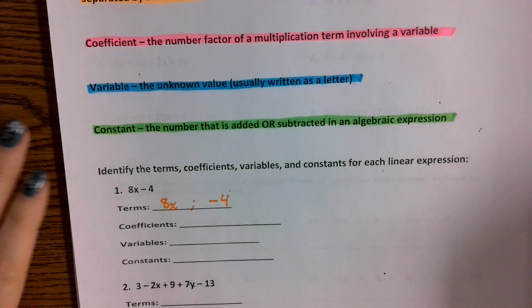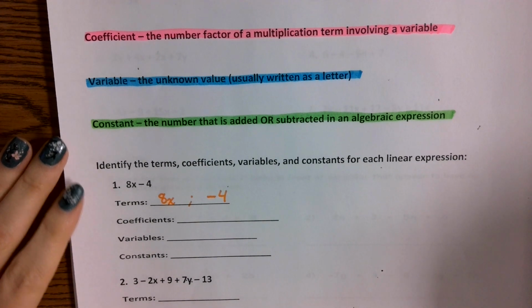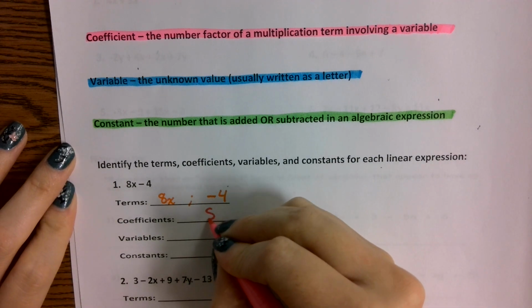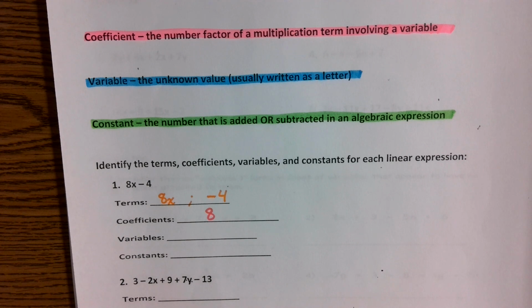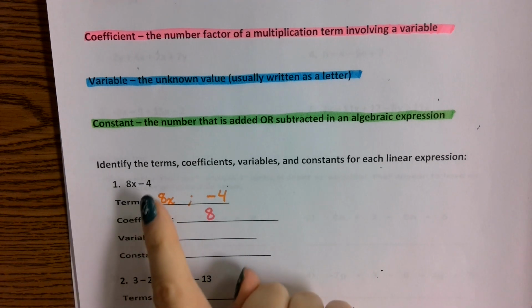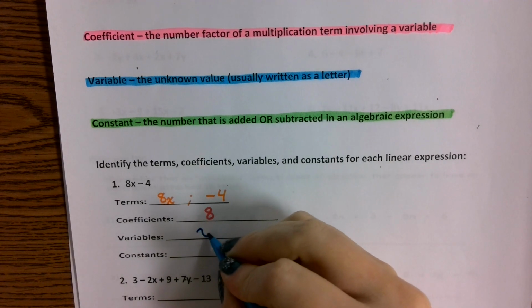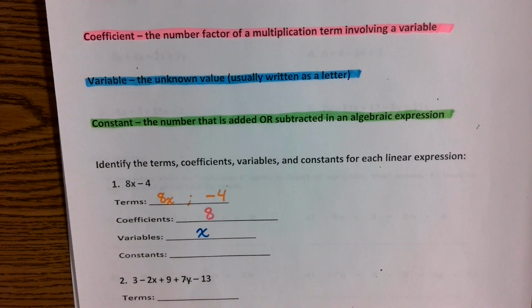Coefficients. The only coefficient I have is the 8. 8 is going to be my coefficient for this problem. It is the only number value attached to the variable. The variable that I have in this situation, I only have a single variable, and that is the letter x.